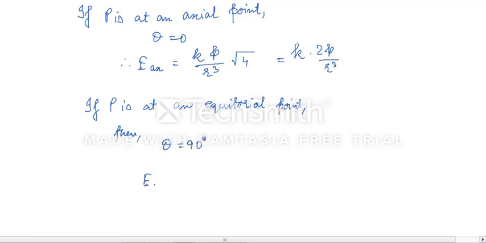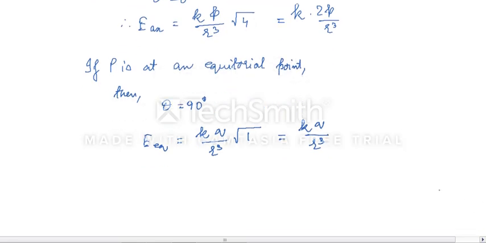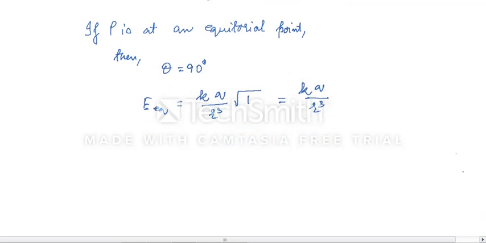So E equatorial is equal to Kp by R cube root under 1, which will come out as Kp by R cube, which is the same as the formula for electric field intensity we have found for the equatorial point. So this is very important for us to understand how electric field intensity varies from place to place due to an electric dipole at different points.